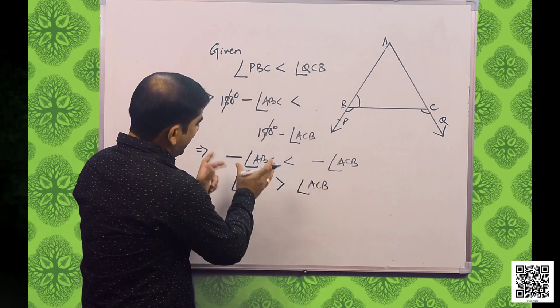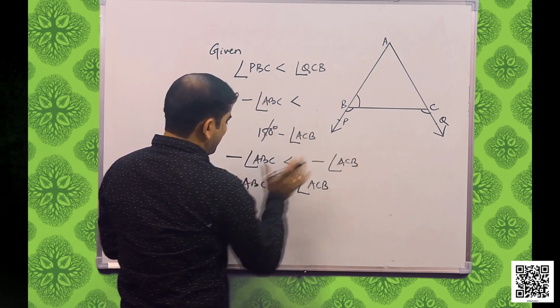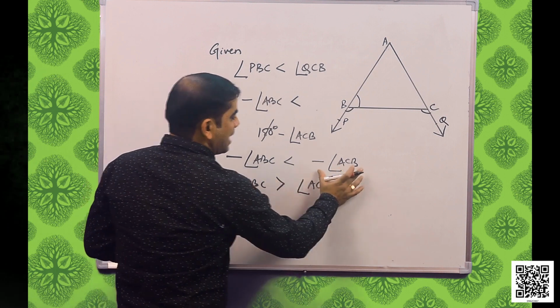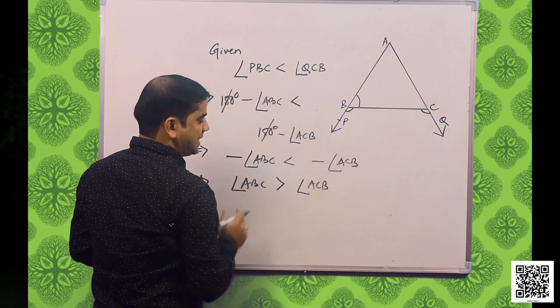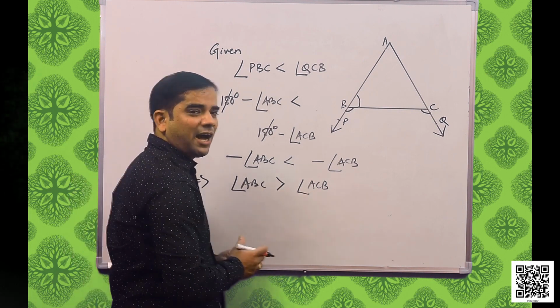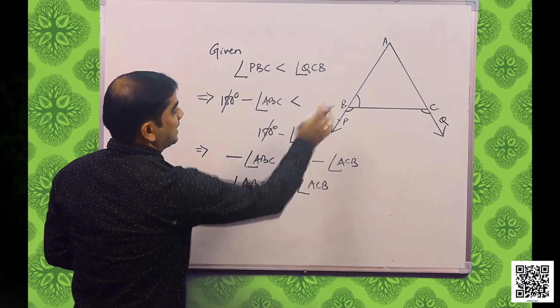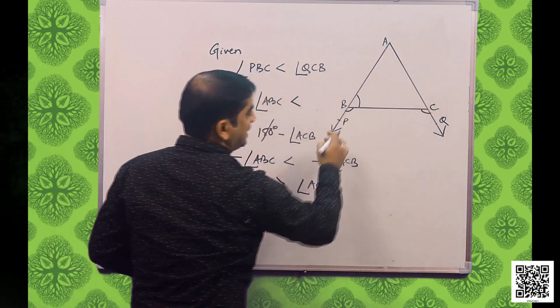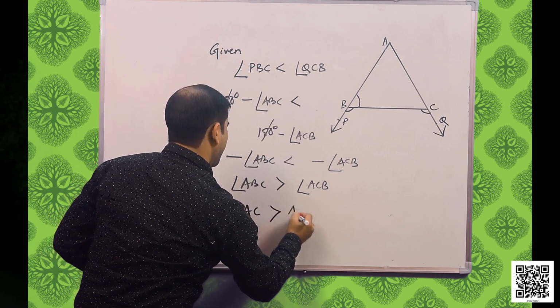Why? See, if I take this minus ABC over here, it becomes plus angle ABC, and minus angle ACB comes over here to give us angle ACB, and I have written it in the proper order. Okay. So what does it imply? ABC is greater than ACB. That means AC is greater than AB.